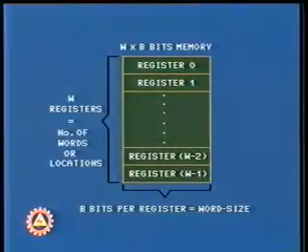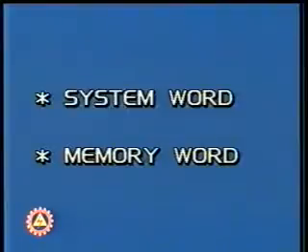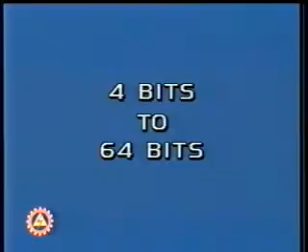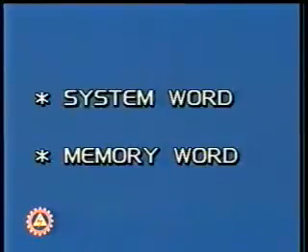We should make a distinction of system word and memory word. System word will vary from computer to computer, ranging typically from 4 bits to 64 bits. System word may be equal to or integer multiple of memory word.